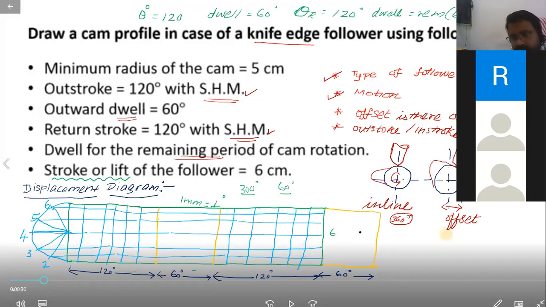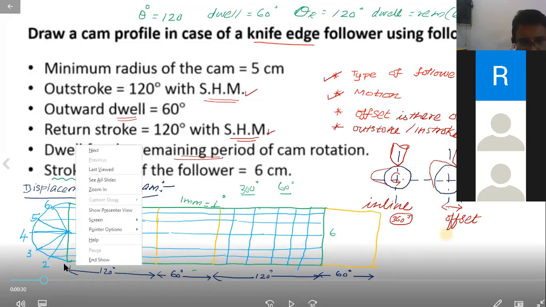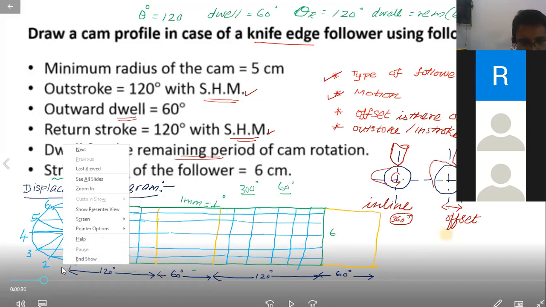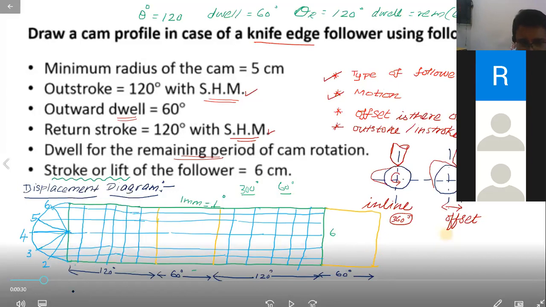You can even extend this here. So you should get this. Correct. Have you finished up to this? 6 equal parts, this one. So name it as 1, 2 dash, 3 dash.